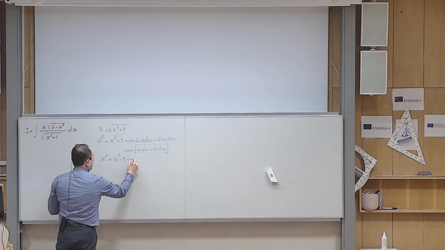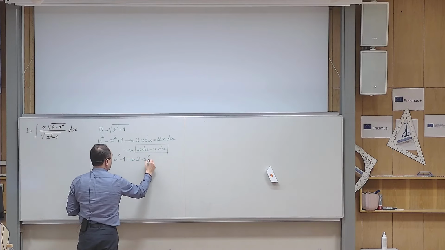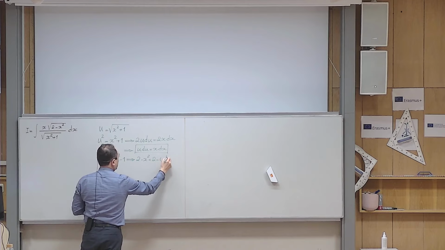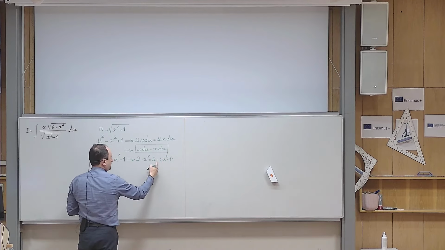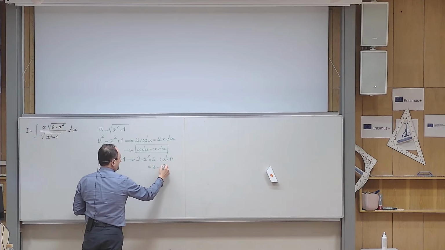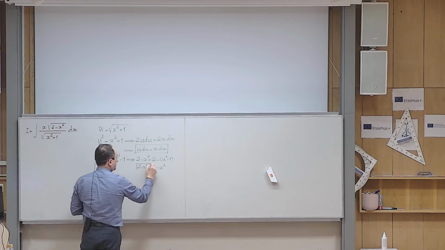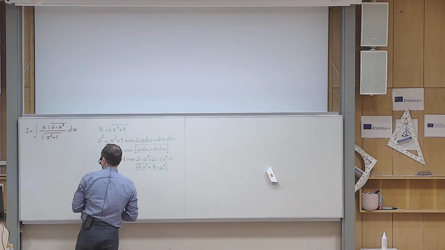So 2 minus x squared is 2 minus (u squared minus 1). When I multiply the minus sign in, it becomes 3 minus u squared. And that is my 2 minus x squared, which is something that I will need.